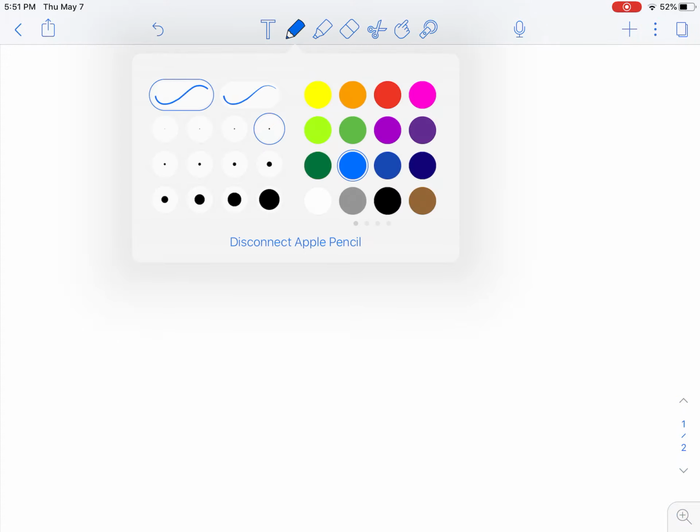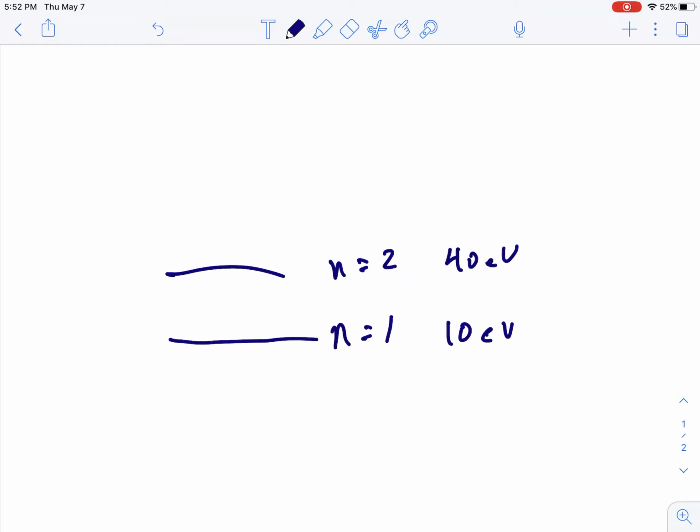A lot of times what you'll be given is an energy diagram. Let's say that here is n equals 1, and we'll call that the ground state, and just call that 10 electron volts. And here's n equals 2, and maybe that's at 40 electron volts. Then n equals 3, and maybe that's 90 electron volts.